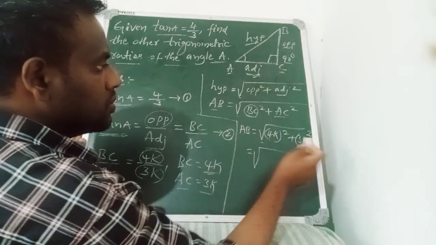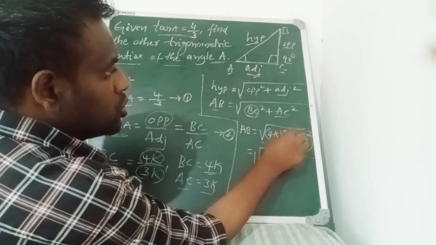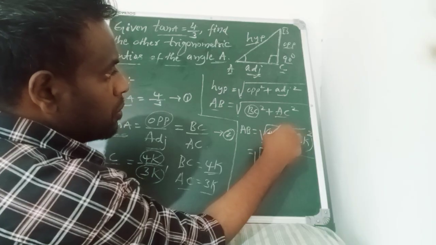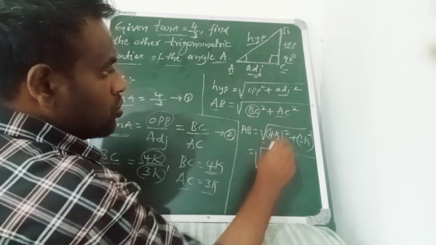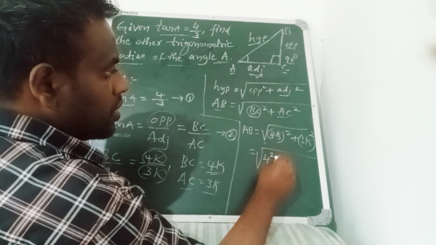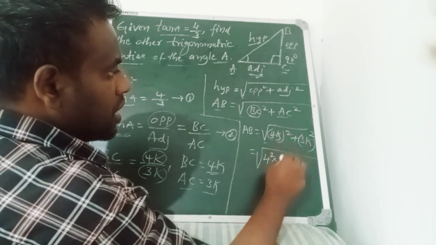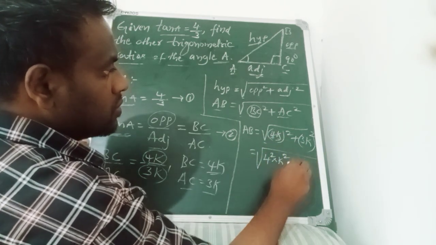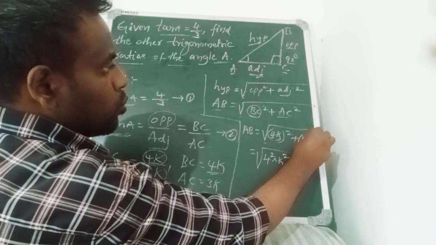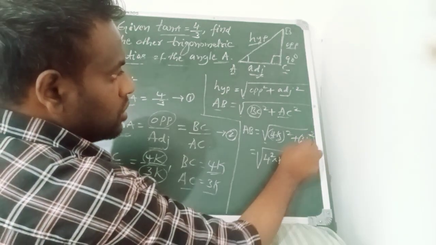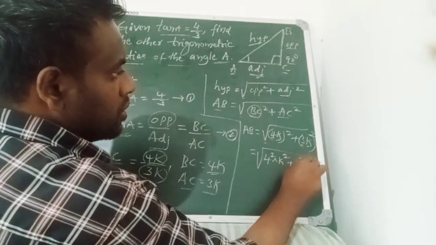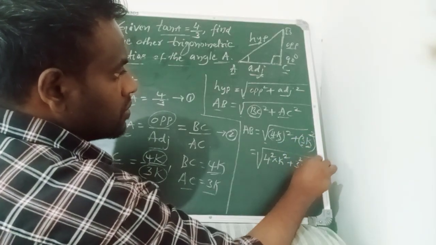See, this is a whole square, applicable to 4 and K separately. So I will write once again 4 square into k square, plus, here also the whole square applies to 3 separately and k separately, so 3 square into k square.